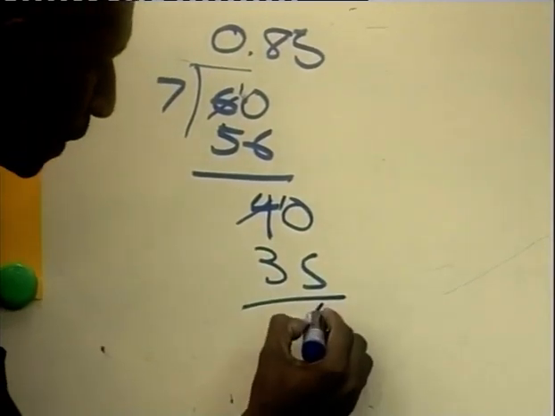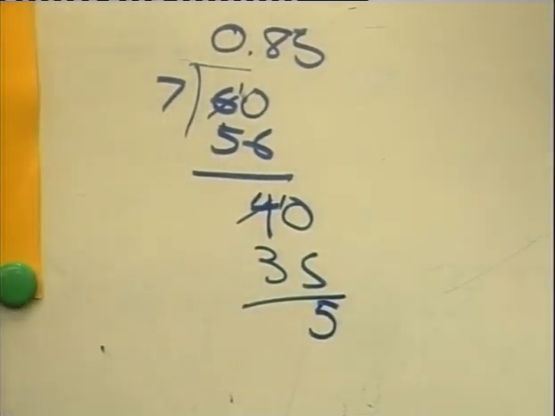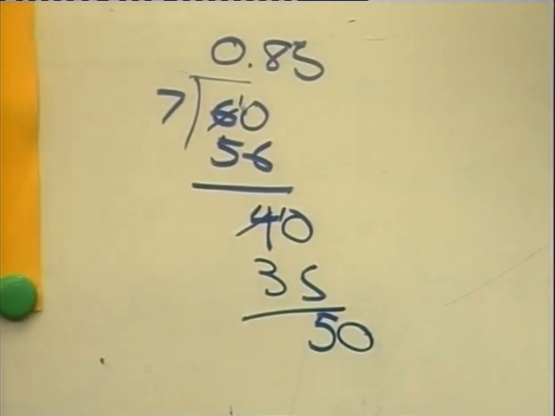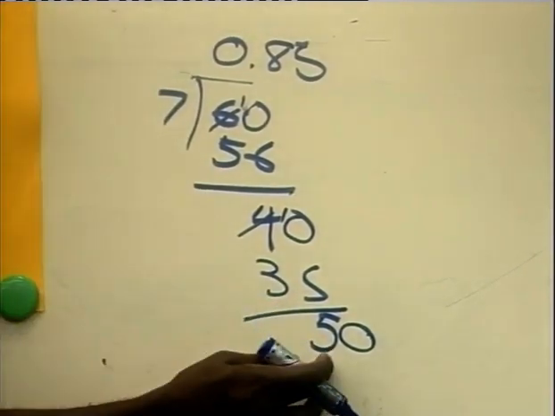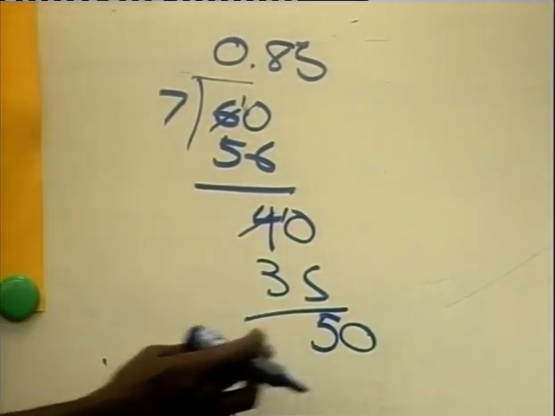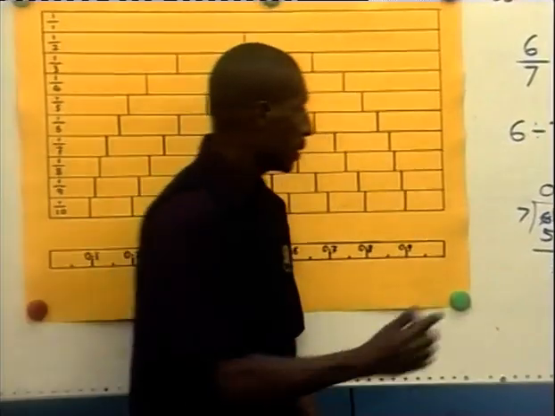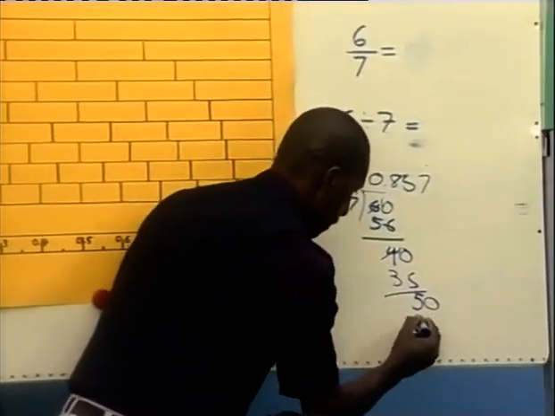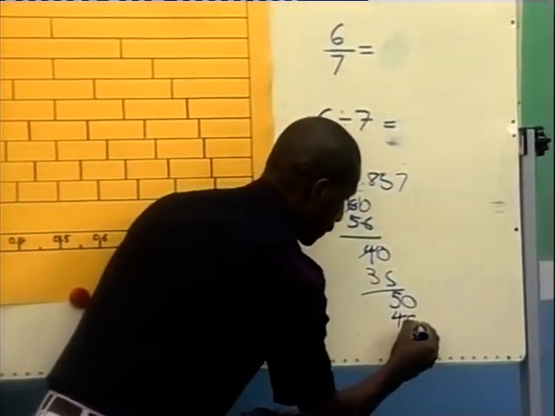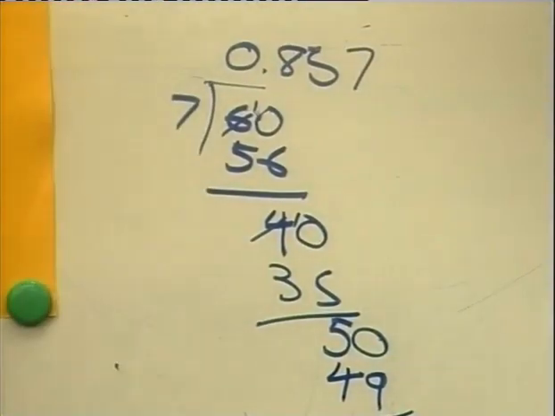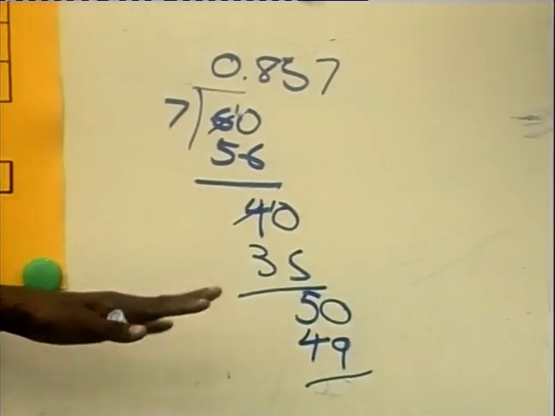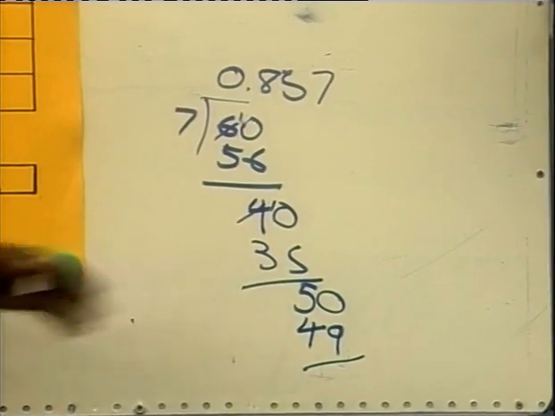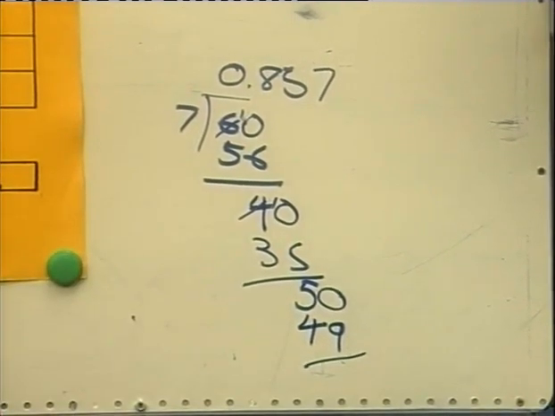How many remainders? 5. We add 0. 7 into 50? How many times? 7 times. 49. So you will see that it will not stop. The number keeps on continuing.